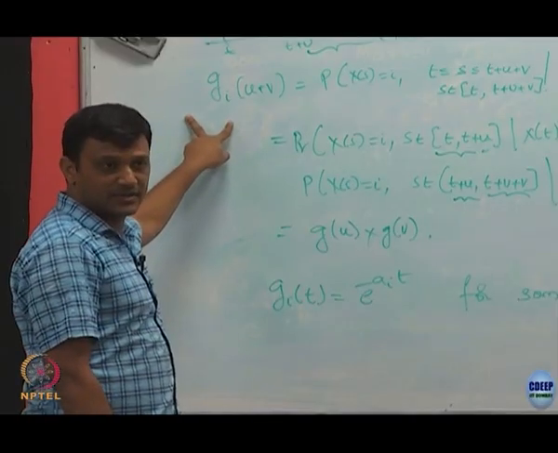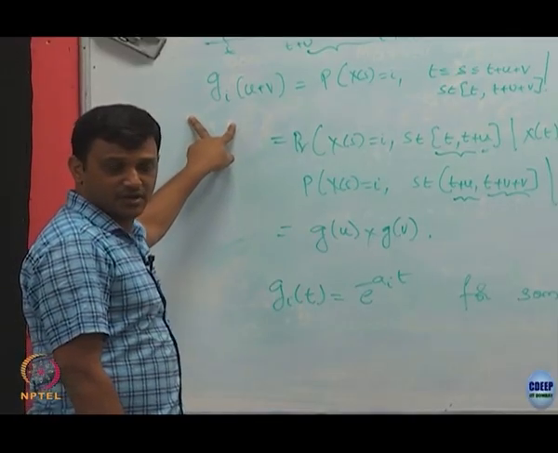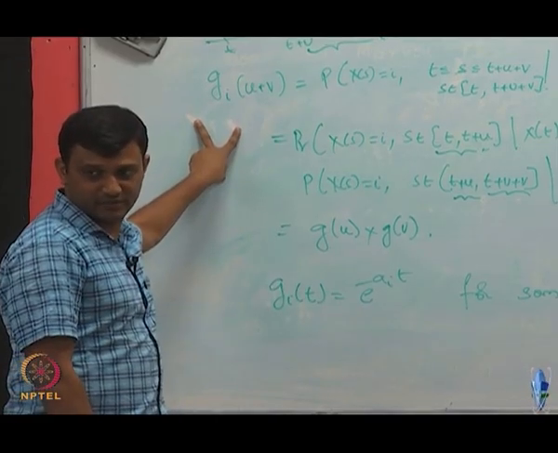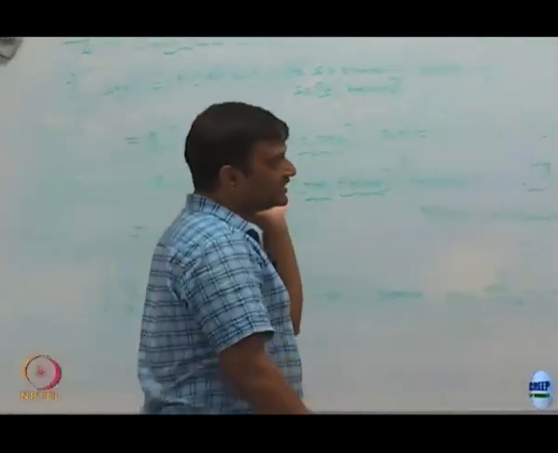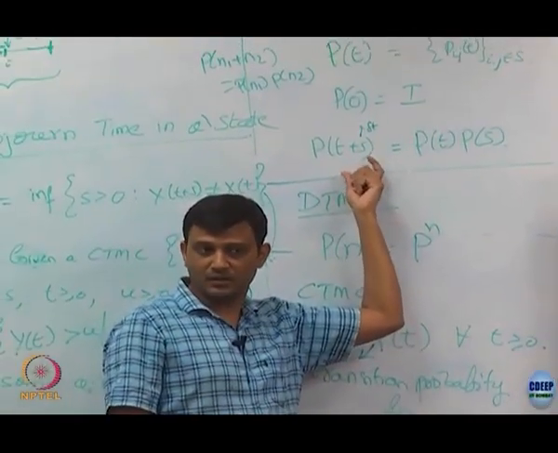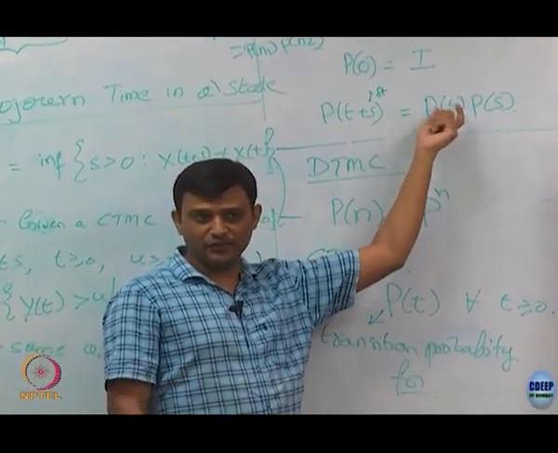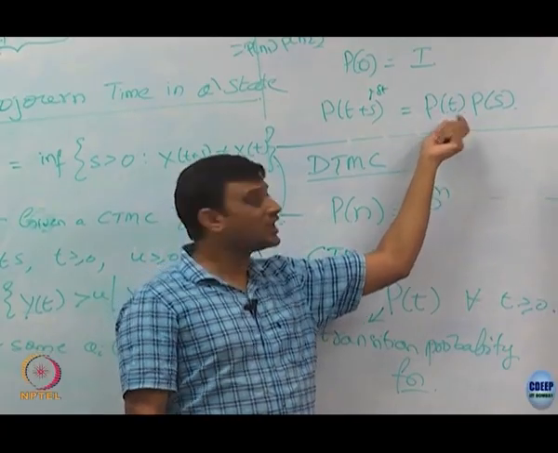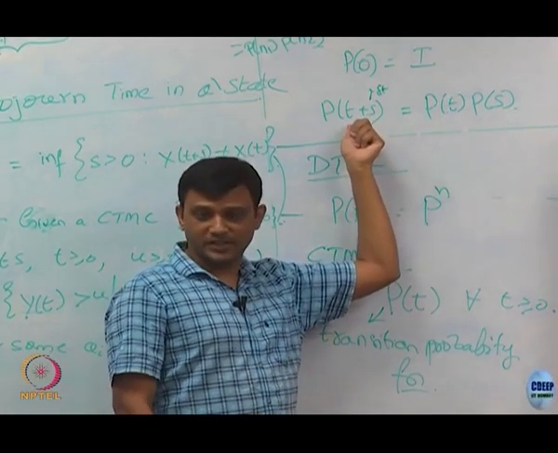Okay, fine, this is the distribution of the amount of time you are going to continue in the same state you are looking at. But what is this here? What are these probabilities here, and why could we split it like this? What is P of t plus s?